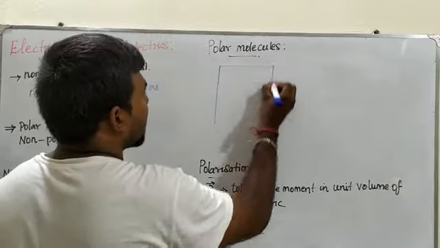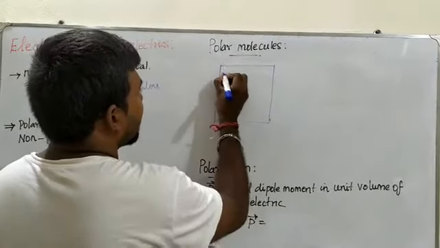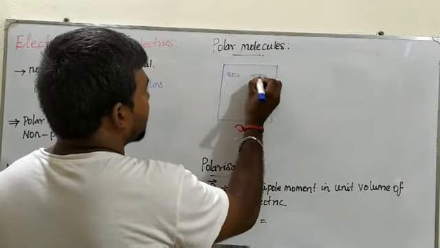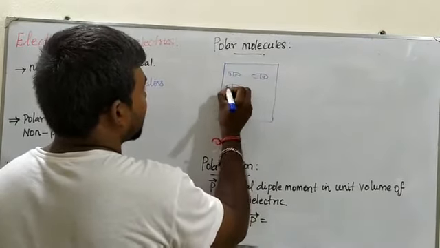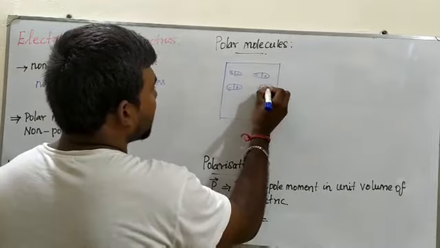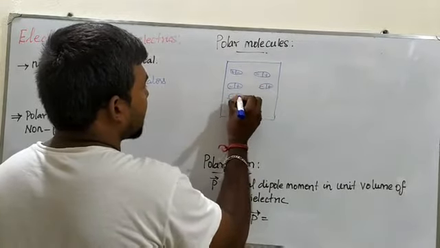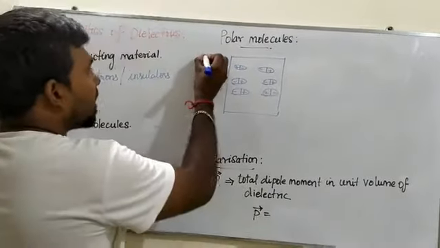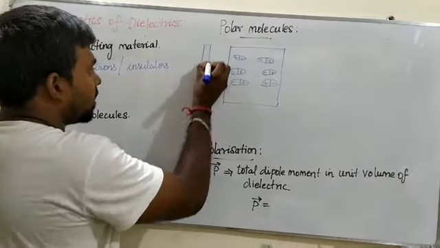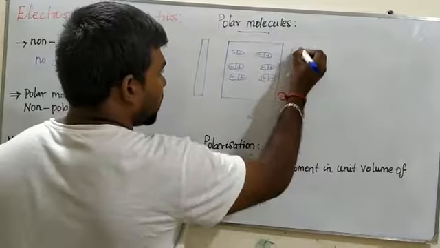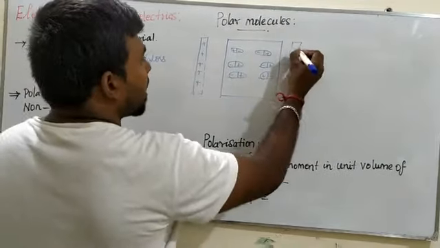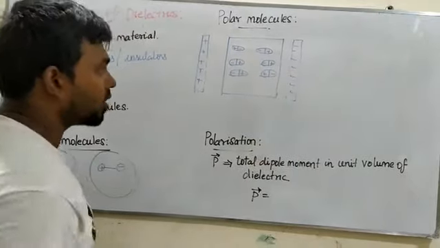Let us take a dielectric medium where the positive charges and the negative charges are separated in the absence of an electric field, and they will be in random motion such that there is no net charge inside the dielectric medium. When an external electric field is applied, let us take one side as fully positively charged and the other side as fully negatively charged.